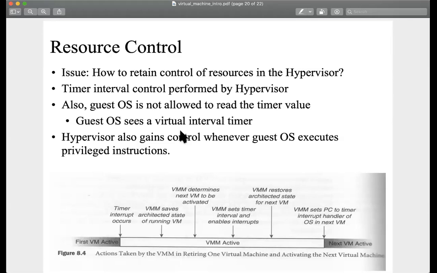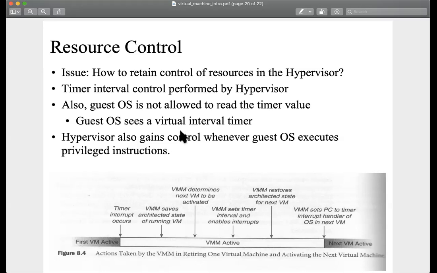It's an operating system for operating systems. So it has to maintain control over the underlying hardware resources. And one of the ways it does that, at least for the CPU, is to maintain control over the timer resource. The timer chip in the hardware is used to deliver timer interrupts to keep track of the time.